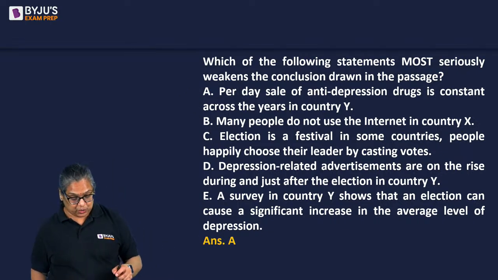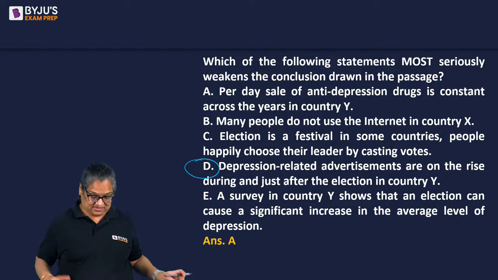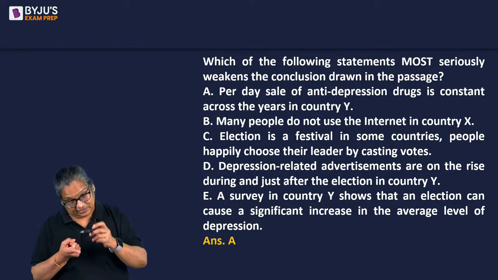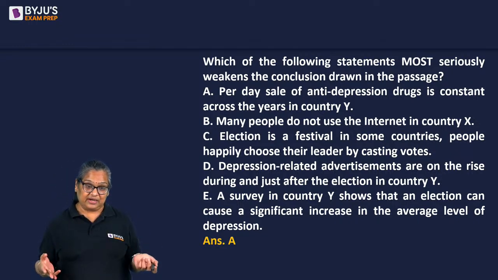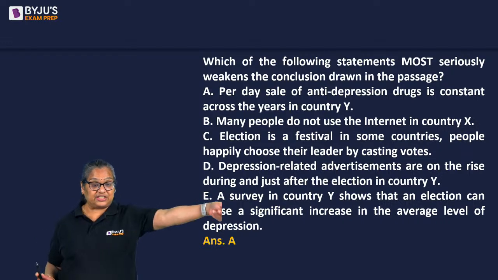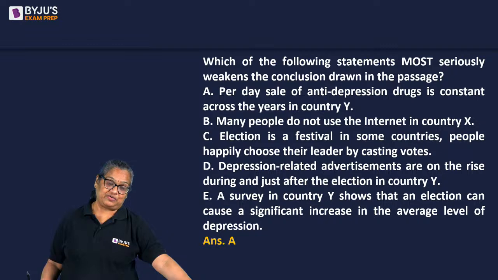Many people chose this. Depression-related ads are on the rise. Okay? You are assuming people watched television during the elections, then they watched the elections, and then they searched the net, and searches for depression went up, or whatever.